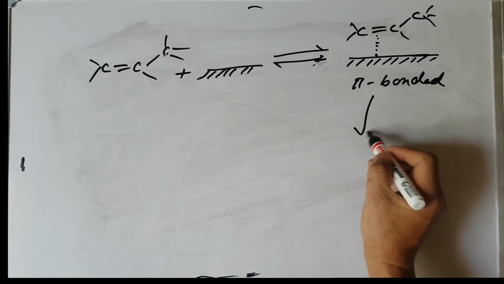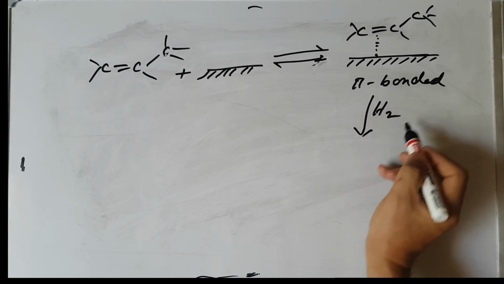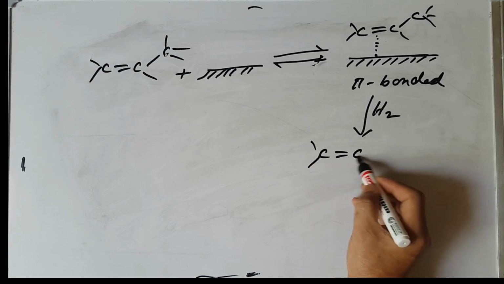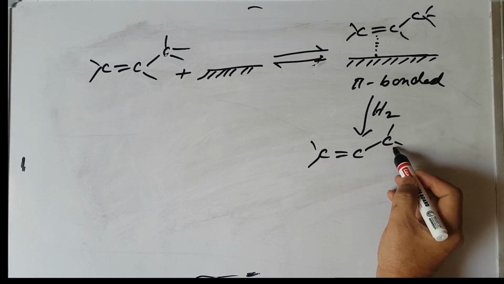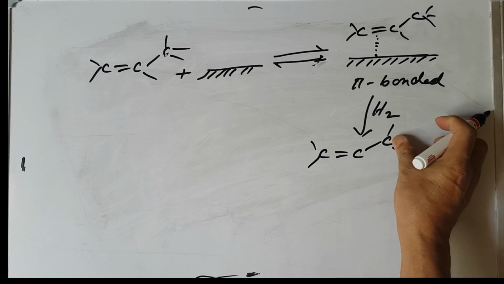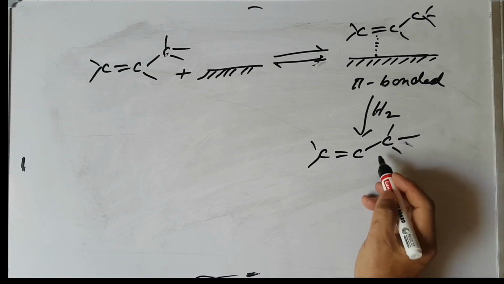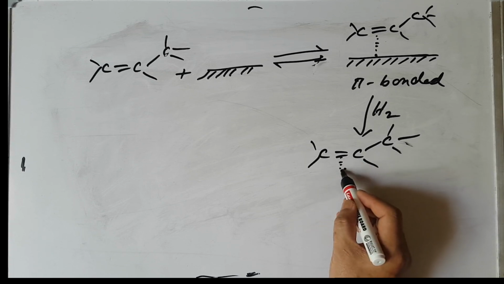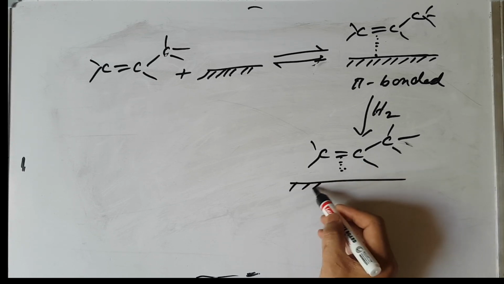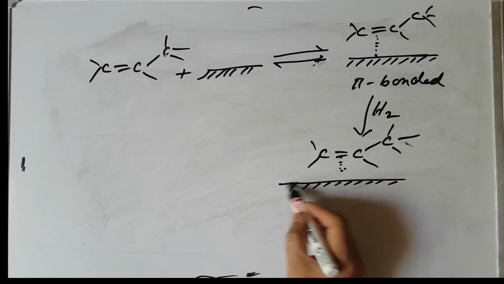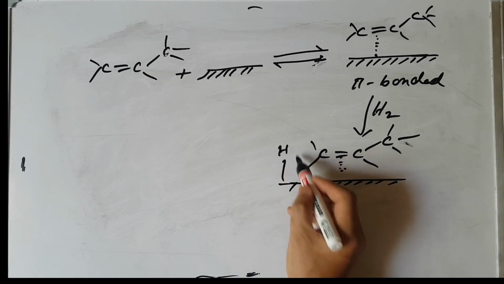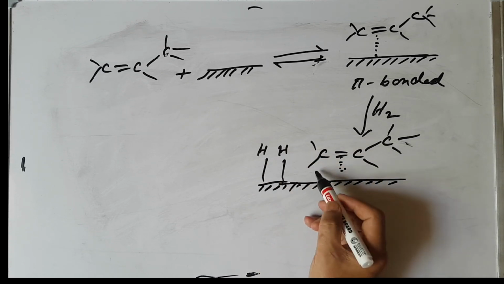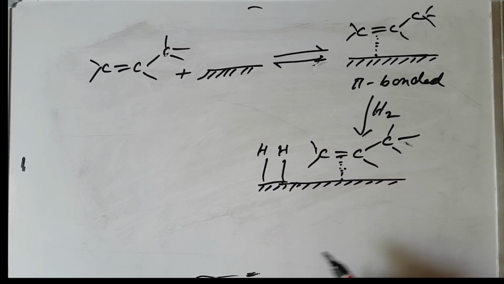Here you can have simultaneous or stepwise hydrogenation. Hydrogen can also be just absorbed on the surface of the catalyst. This is the catalyst, so hydrogen is also absorbed on the surface of the catalyst, like this. This is pi bonded.